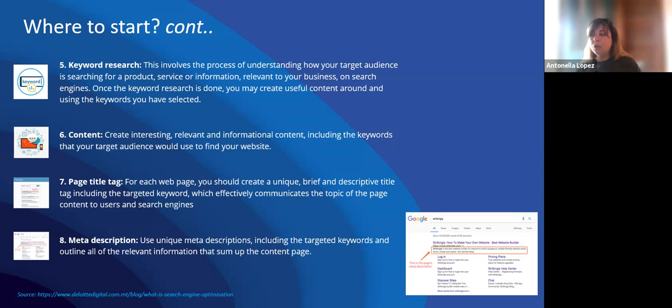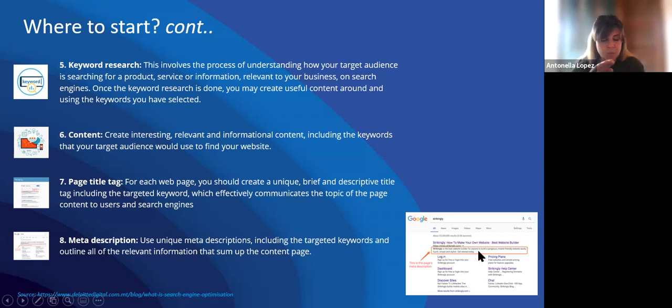Meta description. A website should use unique meta descriptions, including, again, the targeted keywords, and outline all the relevant information that sums up the content of the page. So you can see here, that is a meta description. You've got a keyword, "strikingly", which brings up a title tag, and then it also brings up a description.